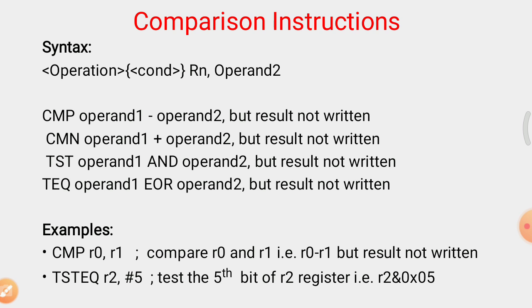So here test the fifth bit of R2 register, that is R2 ANDed with 0x05, and this instruction is going to be executed only when the EQ condition is true, that is Z should be equal to 1.